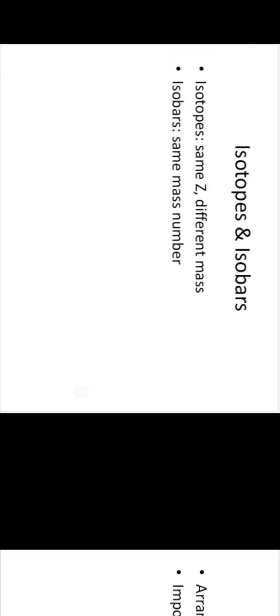Next we are going to look at isotopes and isobars. First, what are isobars? These are the atoms of different elements with the same mass number and different atomic number. For example, nitrogen 17 and oxygen 17. The next is isotones.